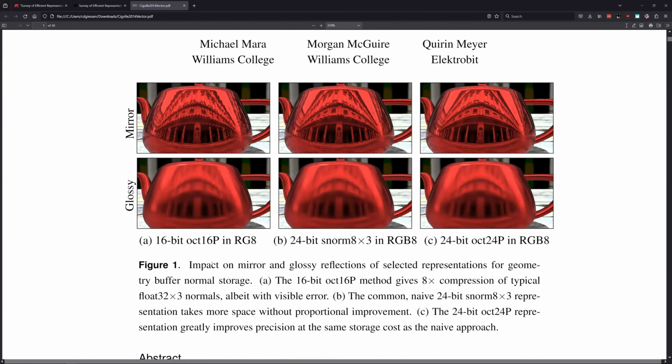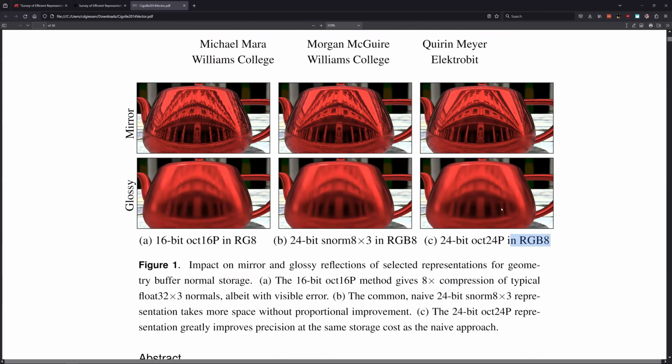Just a quick look through it. So we got 16-bit octahedral encoding, 24-bit SNORM, 24-bit octahedral in RGB8.